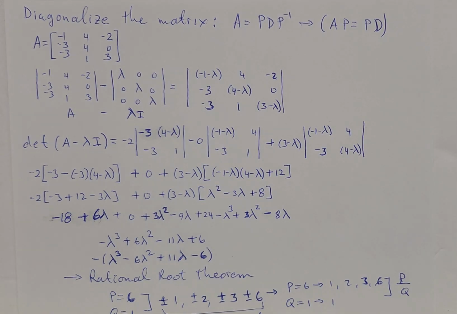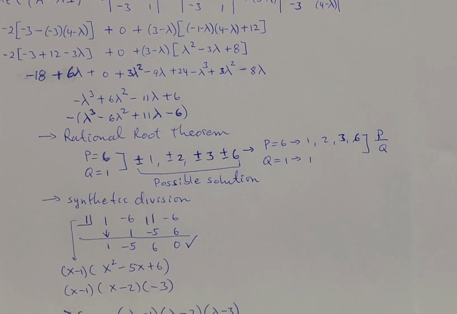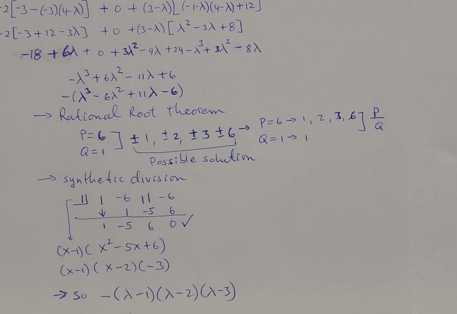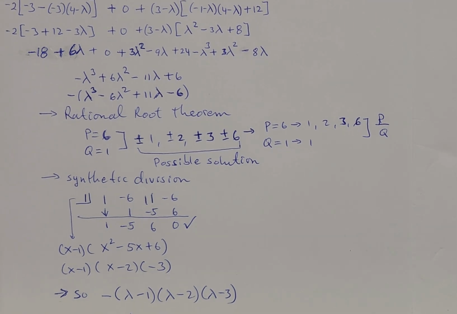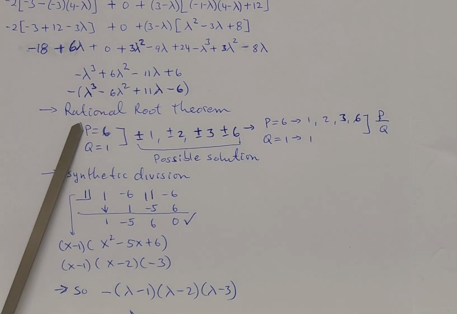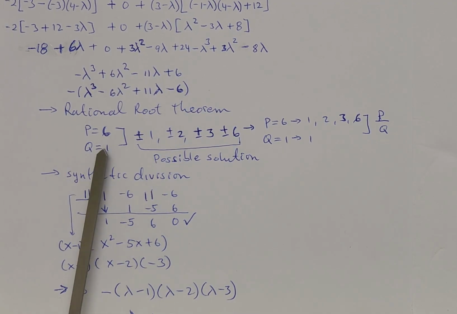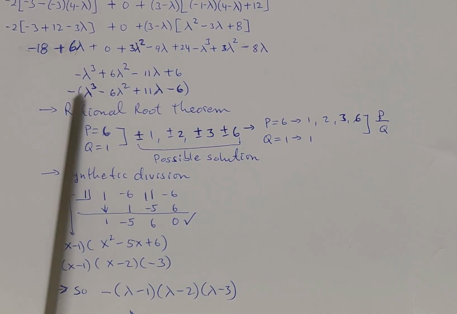Now this is factorable. So I'm going to move this up here just a little bit. This is factorable, but I'm going to use the rational root theorem, and I hope you remember the rational root theorem. So P is this 6, Q is this 1 right here.